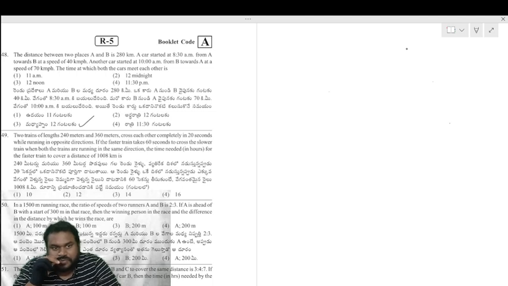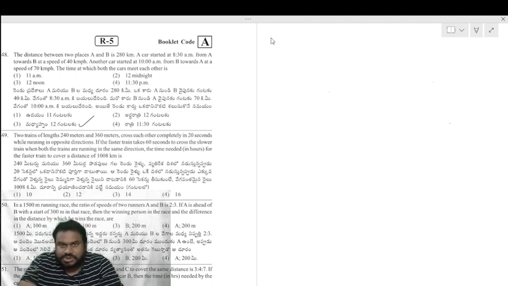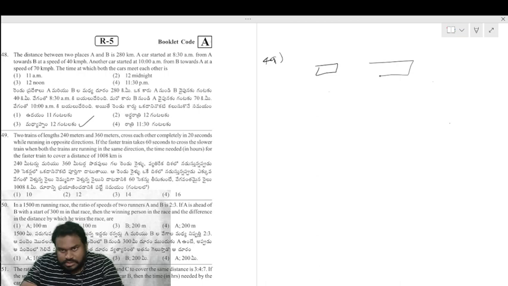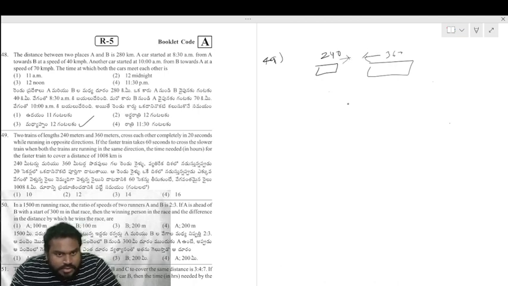The time needed for the faster train. Okay, so it's an easy question. How can you say it is an easy question? Because there are two trains. So this is 360 and this is 240. Once they are moving in opposite direction, and the other time they're moving in the same direction.